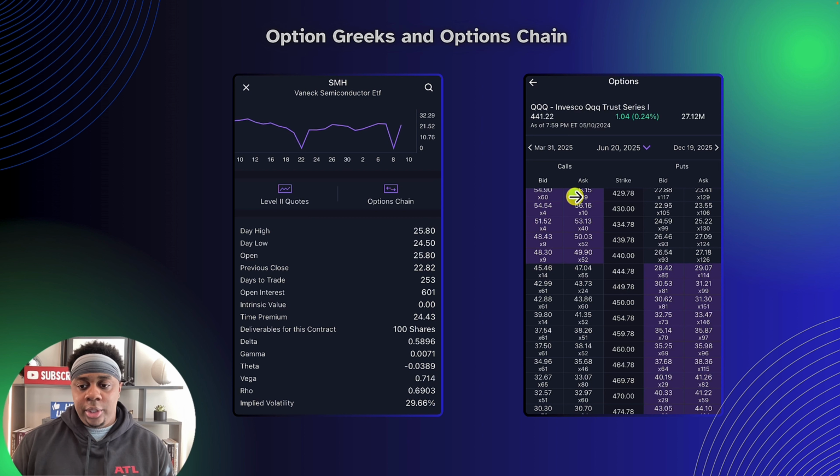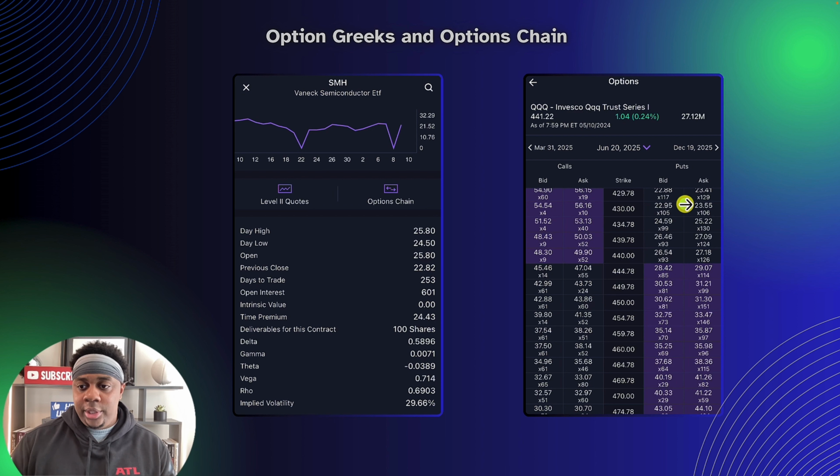And as a call, you want your price to go up. So if you see the price of QQQ is $441, the strike price here is $440. So everything 440 and below is going to be in the money. Right here at the 440, because they're not at 441, is going to be at the money, and everything here that's not highlighted because it hasn't reached 440 yet is going to be out of the money.